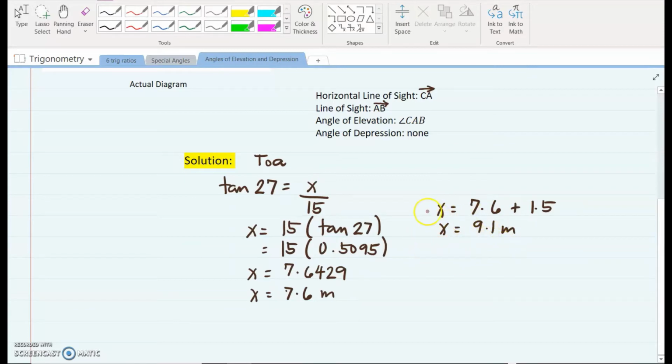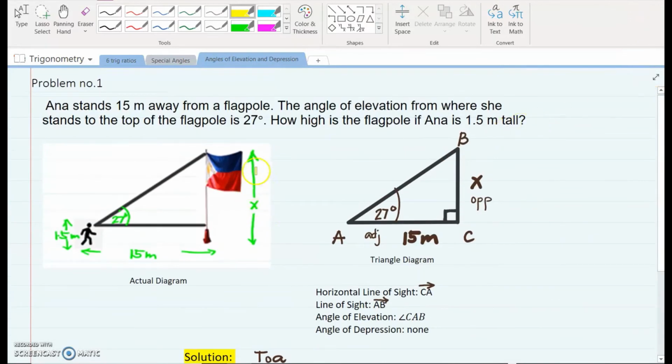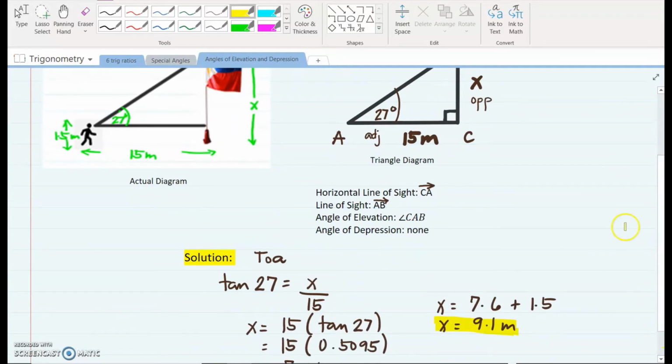So this is actually the height of the flagpole, 9.1 meters. I'm going to go back, so that will be the actual height of the flagpole. Okay.